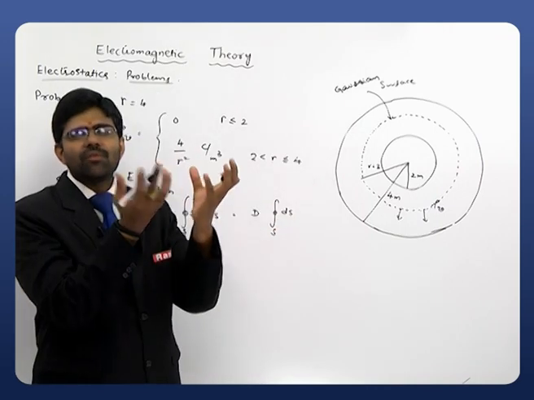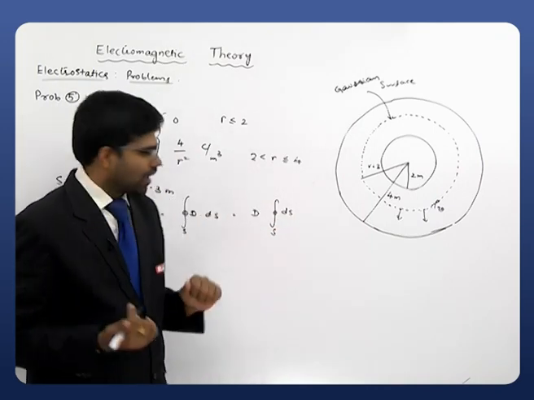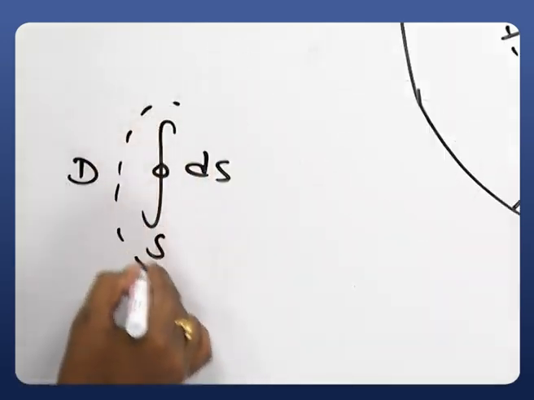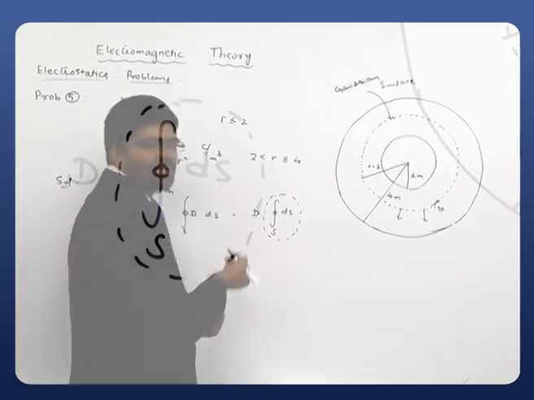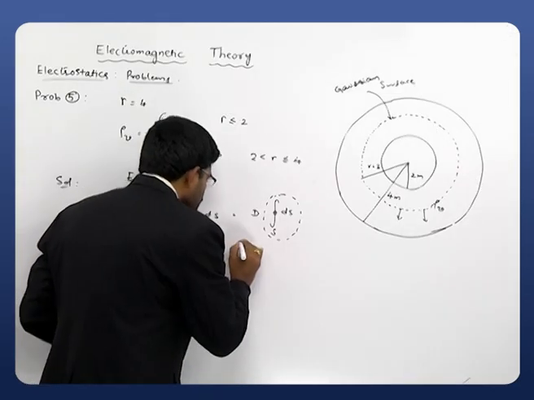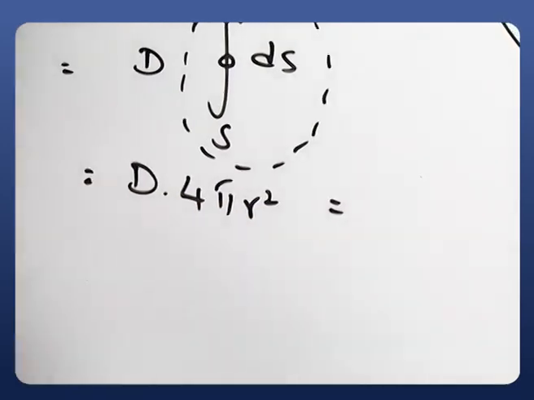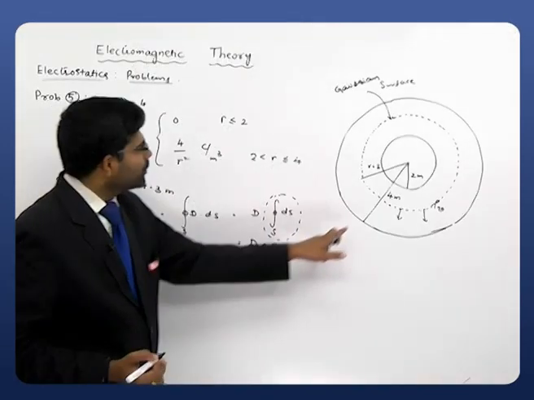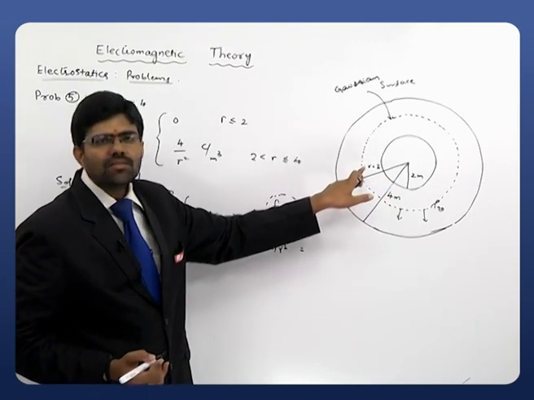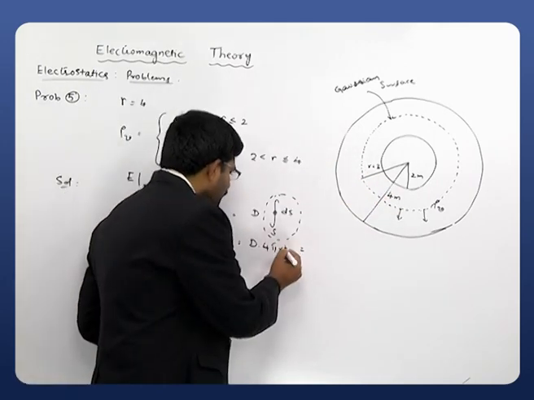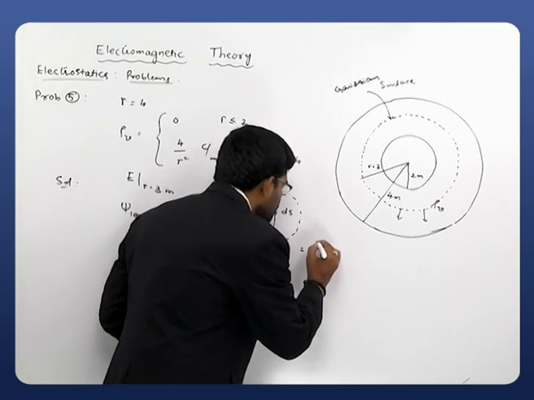What is the surface area of any sphere? 4 pi r square. So simply substitute 4 pi r square, which gives D into 4 pi r square, where r is the radius of the sphere we considered. This is 3. So 3 square is 9, 9 into 4, that is 36.